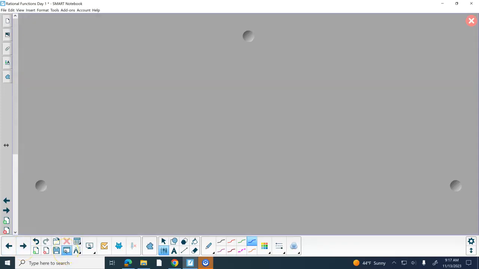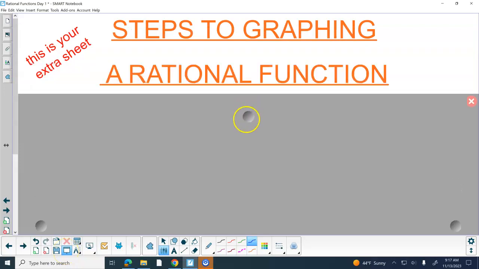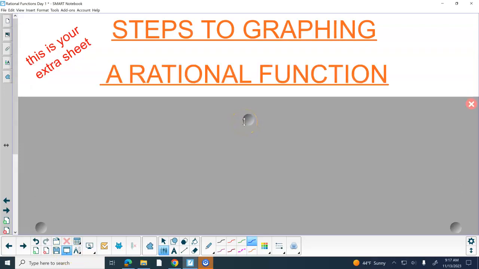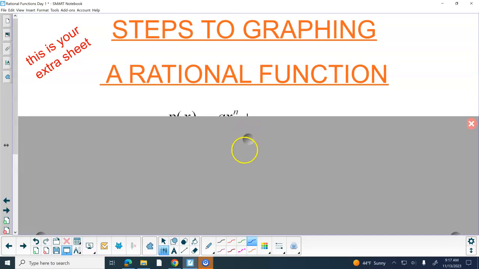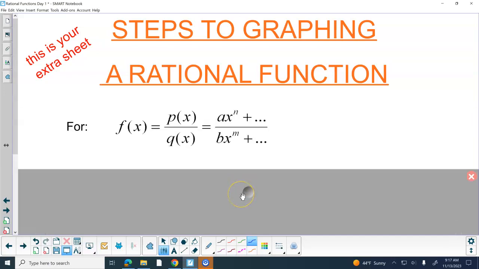So let's start with this. You don't have to write this part down, but this is on your extra sheet now, not in your notes. If you want to put the steps of graphing a rational function at the top, that's fine. But the first thing you're going to do is write down what a rational function is. So you're going to write down the general rational function that I have written right there.